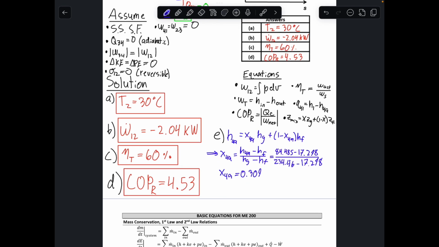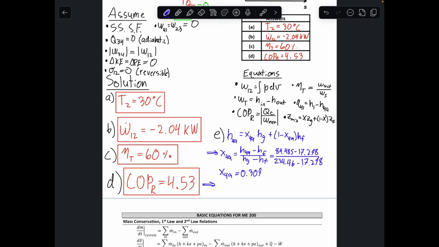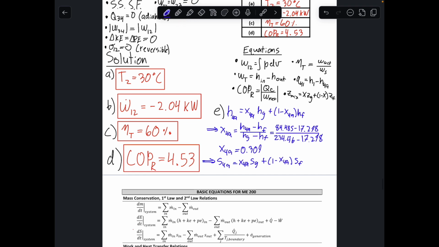So if we write that out, we'll get here S for A is going to be equal to X for A times SG plus 1 minus X for A times SF. So subbing in our values here, we'll get S for A equals 0.309.